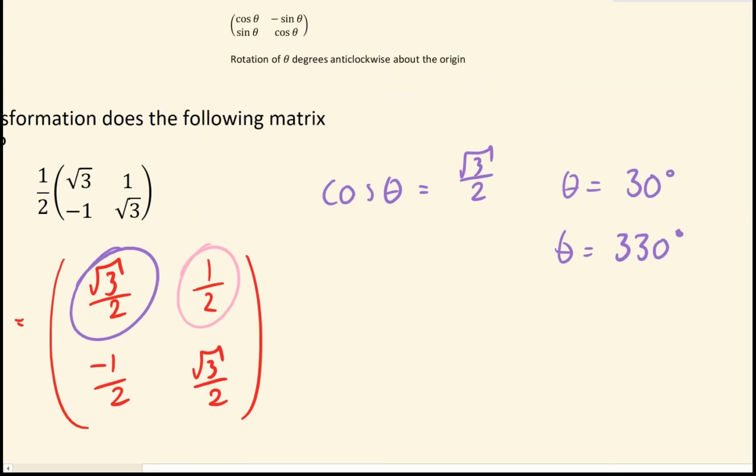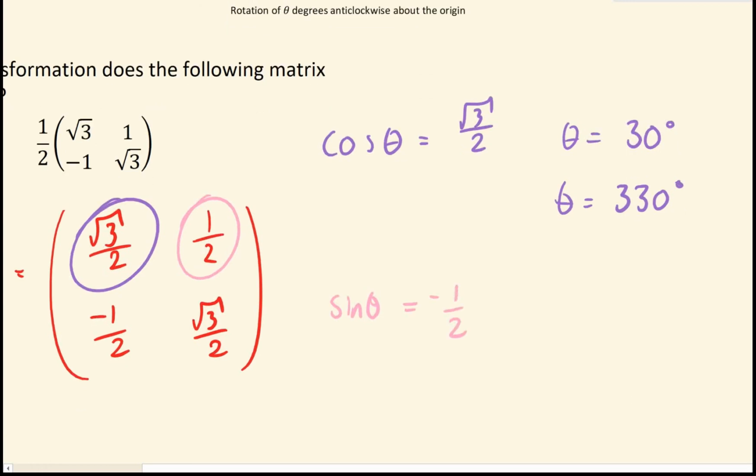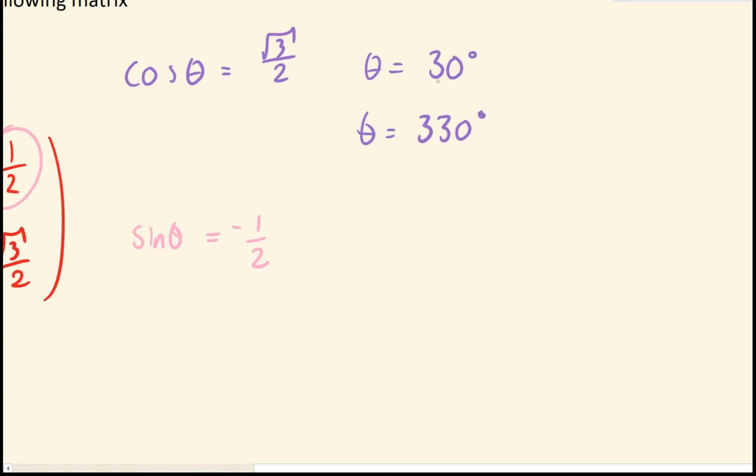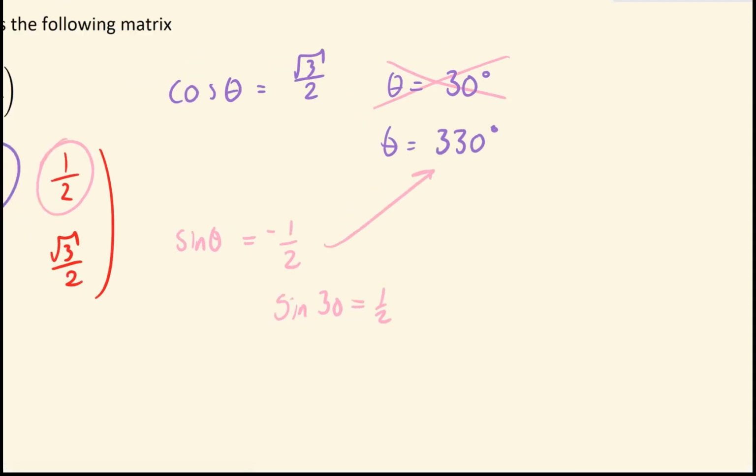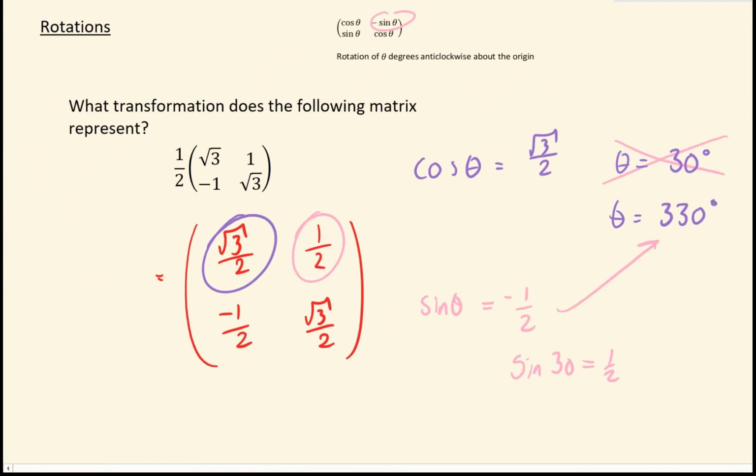So here, I know that minus sine theta is going to equal a half, or more simply, sine theta will be minus a half. You want to see which one of those two it satisfies. You should know that sine 30 is a half, which means it's not going to be this angle, which means therefore the angle that rotation represents is 330 degrees. So this is basically doing some inverse trigs with the calculator and a bit of recognising, and it helps if you know the cos and sine graphs as well.